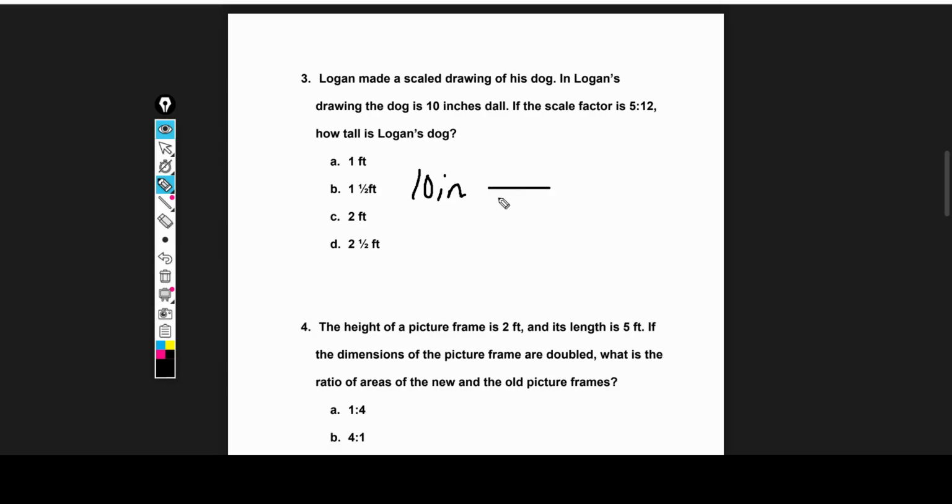So per 5 inches, which is why we're dividing, we have 12 inches in real life. That's our conversion factor. 10 inches divided by 5 inches is 2, times 12 inches is 24 inches. And hopefully you know that there are 12 inches in a foot, so 24 inches becomes 2 feet.